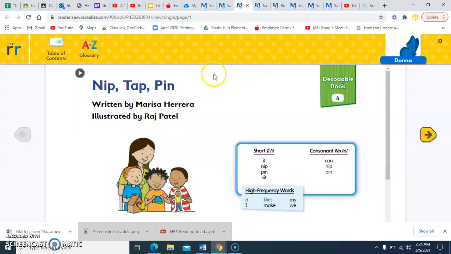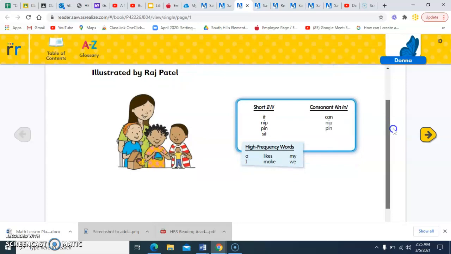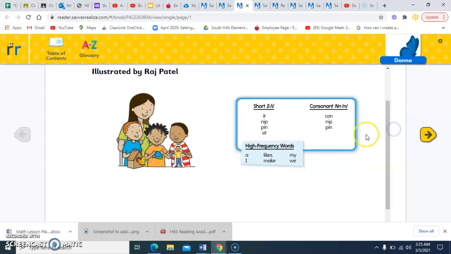Okay, I have another book, and this one is called Nip, Tap, Pen. And here it goes over the short I, and then it has the letter N, the sound for N. So what sound does short I, or what are the sounds for I?